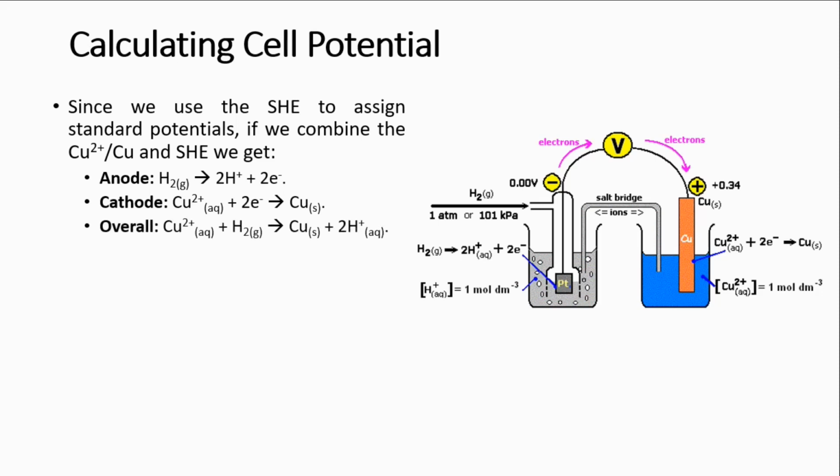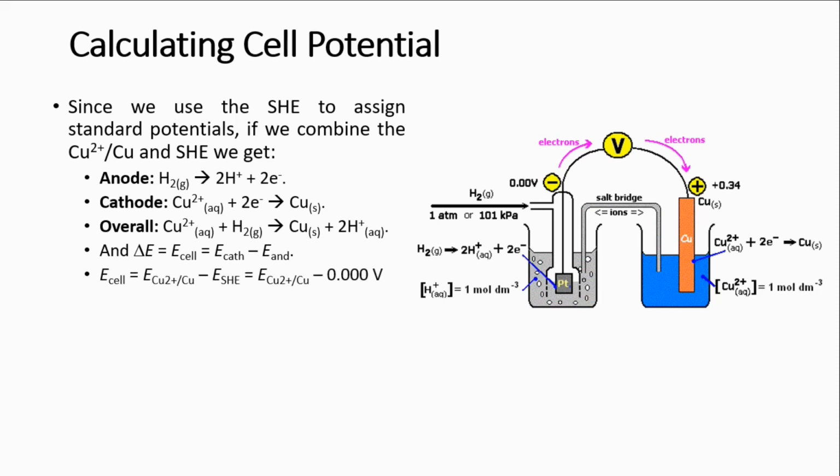The overall reaction, if you combine those 2 half reactions by cancelling away the electrons and adding the 2 equations, which we will get into in more detail later, you end up with copper 2 plus aqueous plus hydrogen gas going to give you copper solid plus 2 H plus aqueous ions. The change in potential, which is the cell potential, is equal to cathode minus anode.